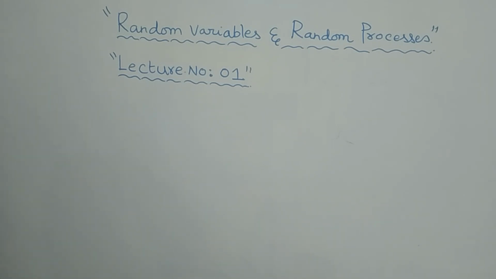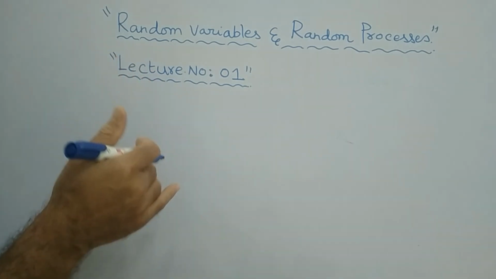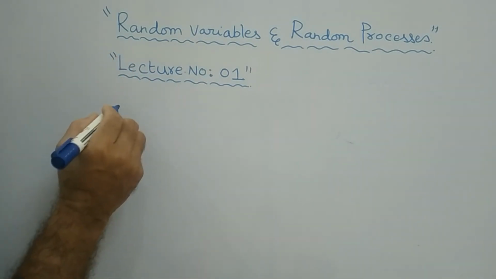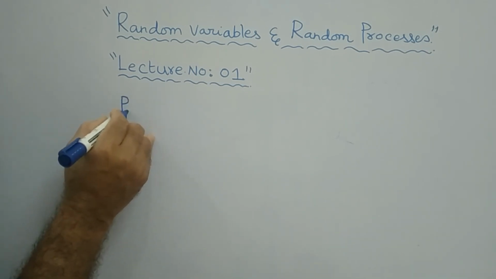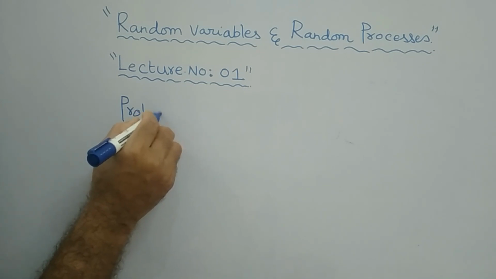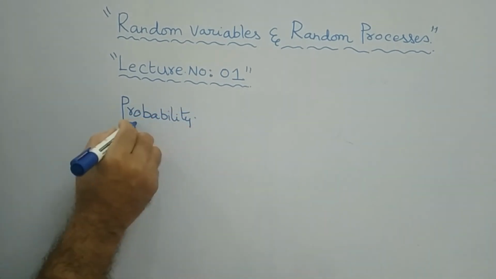Before discussing the random variable, let me explain one important thing: the concept of a random variable also depends on the concept of probability. I think you might have studied or you might know about probability. What is probability actually?